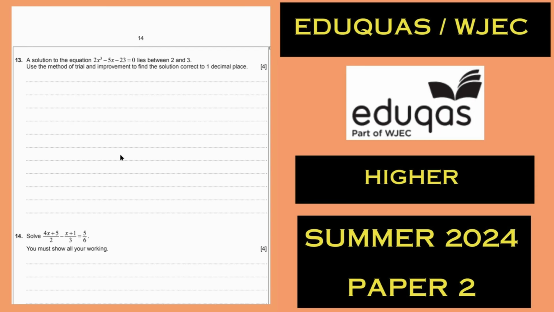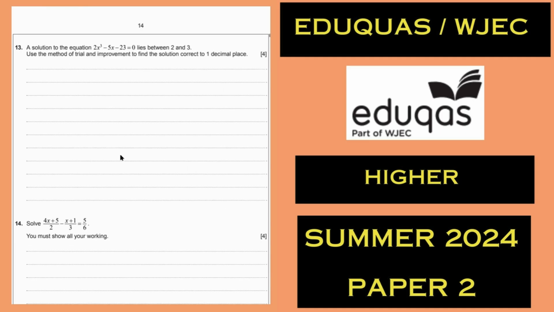Number 13. Lots to write out here. I'm not going to do it all, and nor do you. Trial and improvement means try a number and on you go. Again, I've done it a bit better on my worked answers, so if you care, go over there and see what happens. Best to make a column for x.